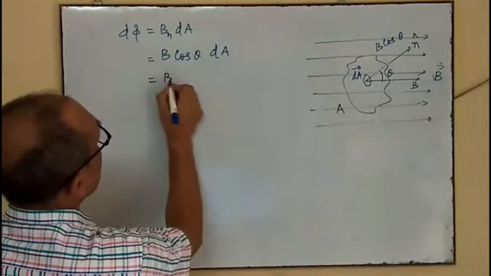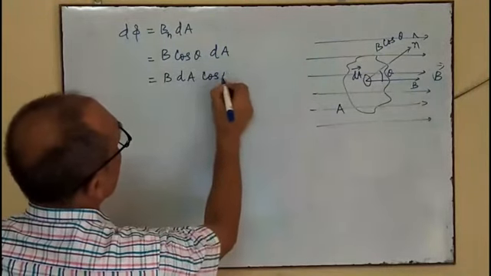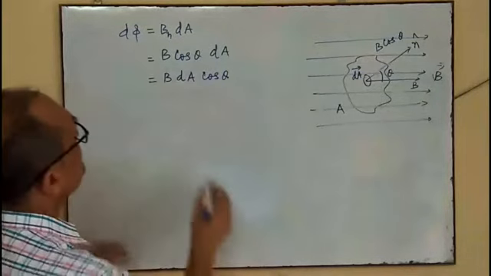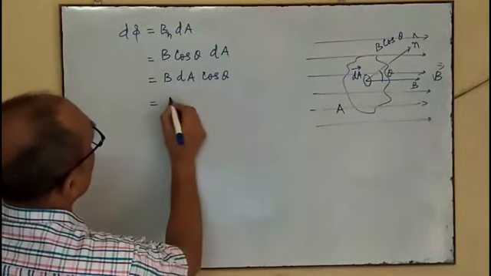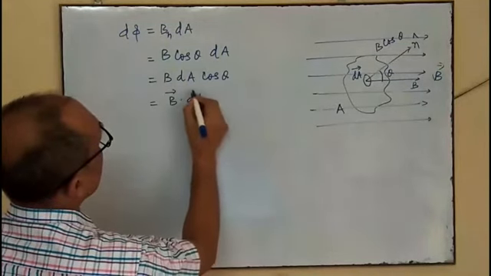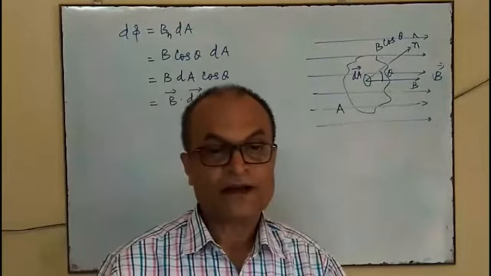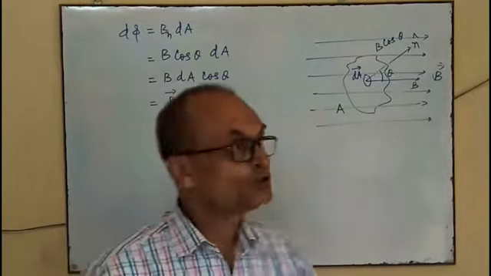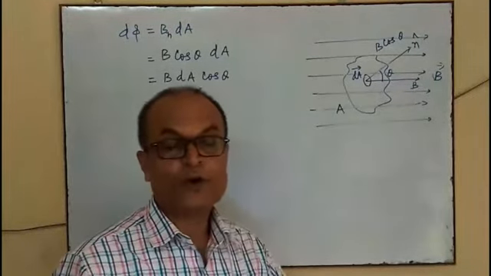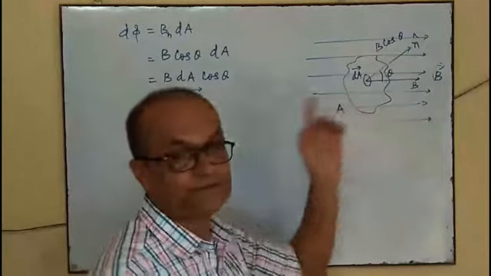So we can write this as B dA cos theta, which may be written as B dot dA. This is the magnetic flux through this small element. Now we are going to find the total flux through the whole area.